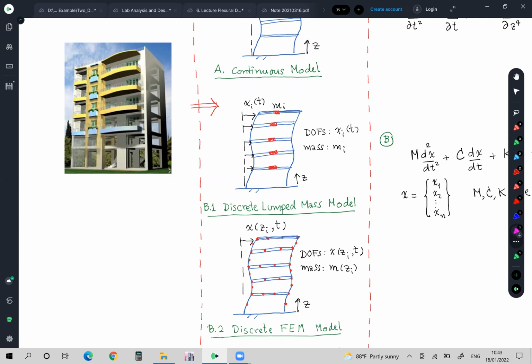For example, the movement of floor number 1 is x number 1. Floor number 3 is x number 3.